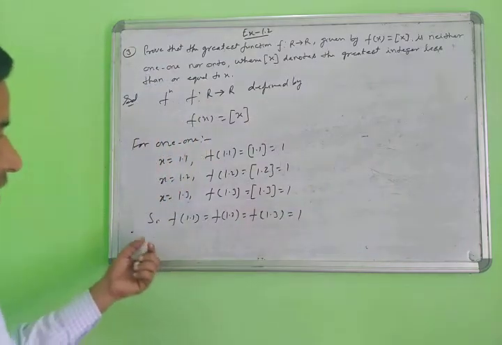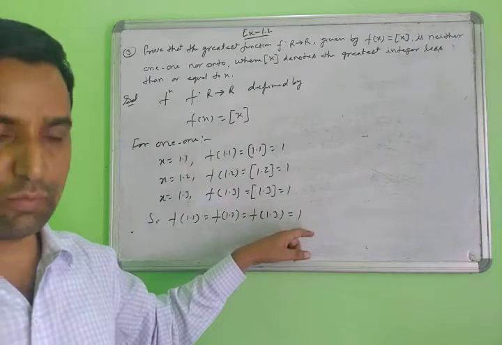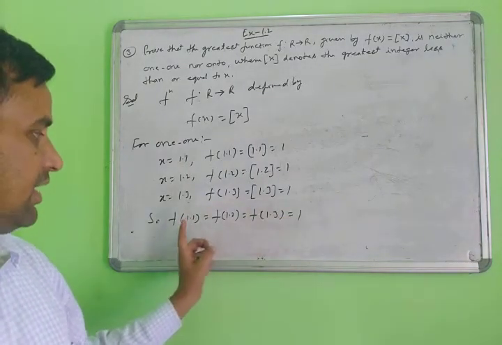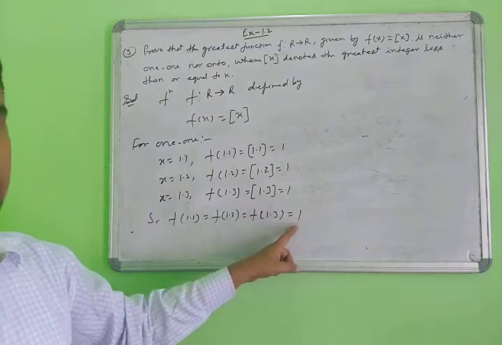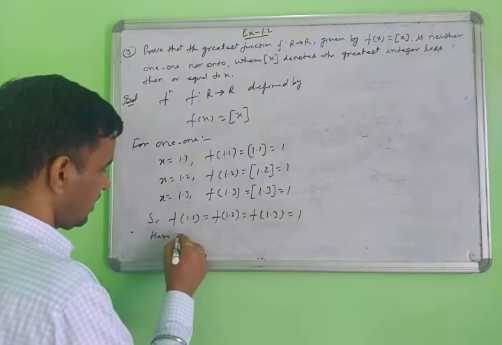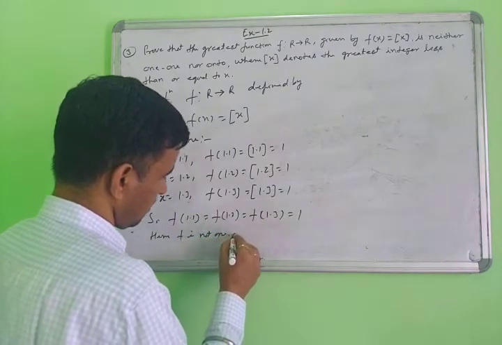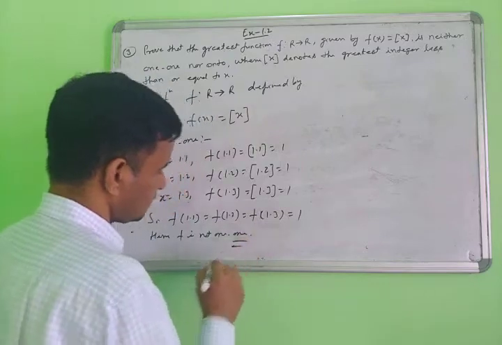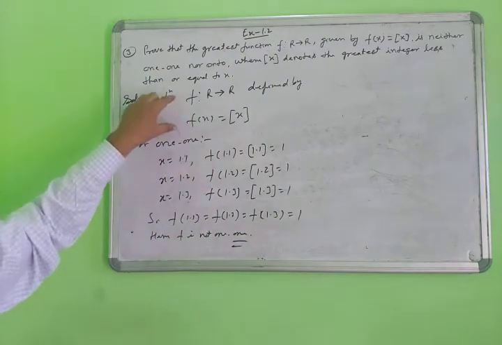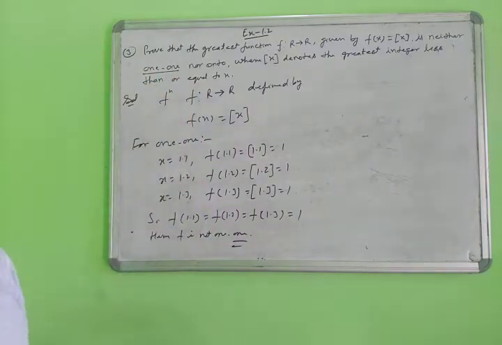It means every element 1.1, 1.2, 1.3, 1.4, 1.5, up to 1.9, has the image 1. Hence you can say f is not one-one. This function is not one-one. Half of the part you have solved.